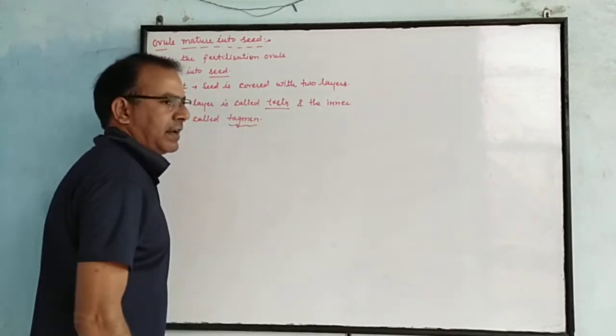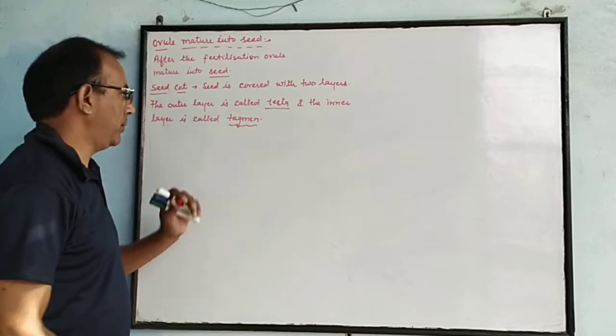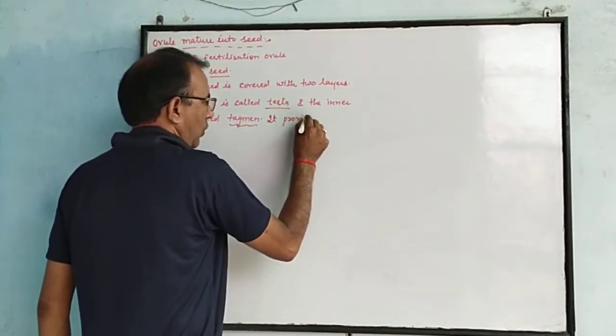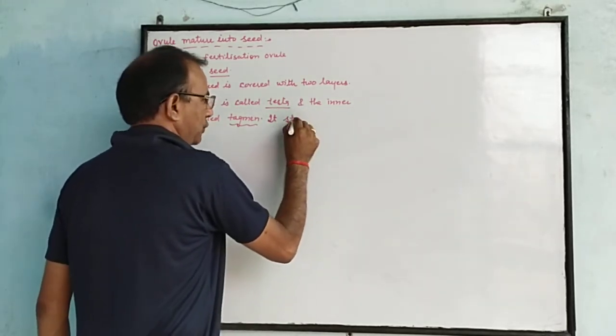This inner layer, the tegmen, provides nutrition to the developing embryo, or you can say it stores food.